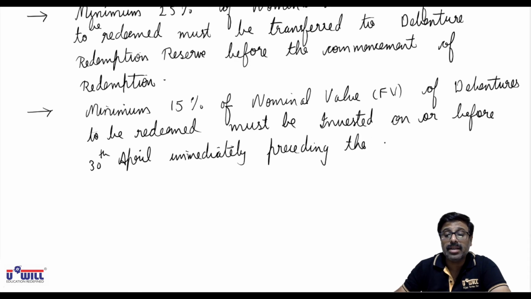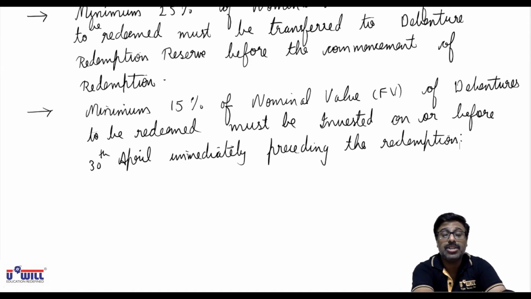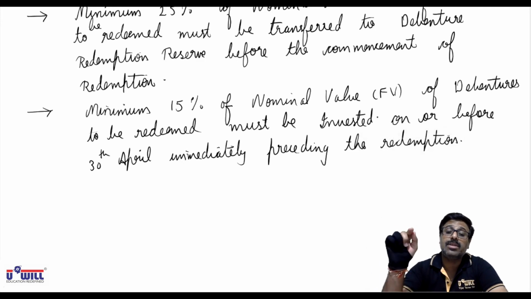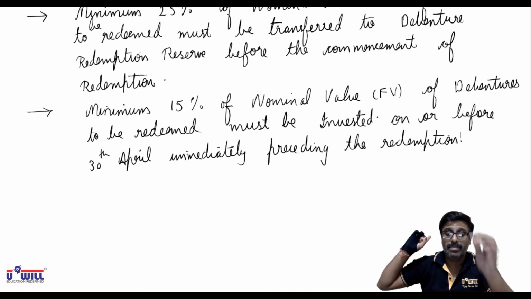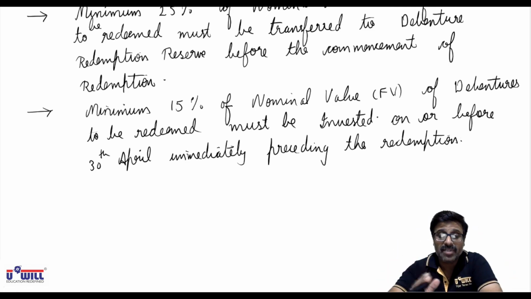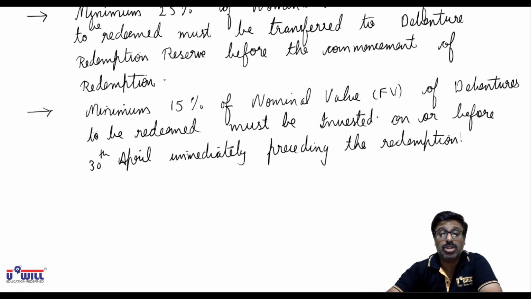So you will have to see which 30th April will come immediately preceding the redemption. For example, if debentures are going to be redeemed on 31st March 2021, then the 30th April before that would be 30th April 2020, because 30th April 2021 will come after that. After the redemption of debentures, there is no point in investing the money.